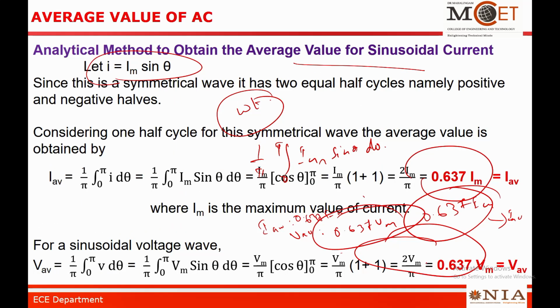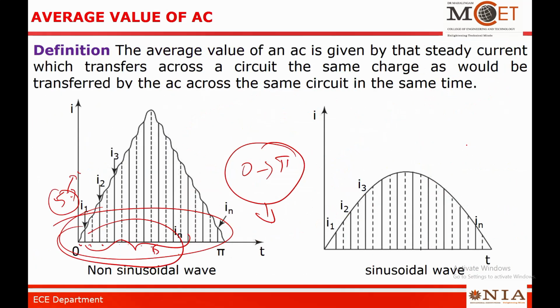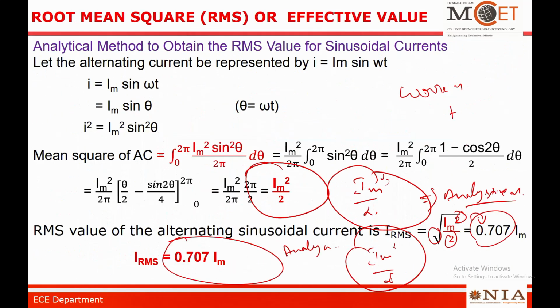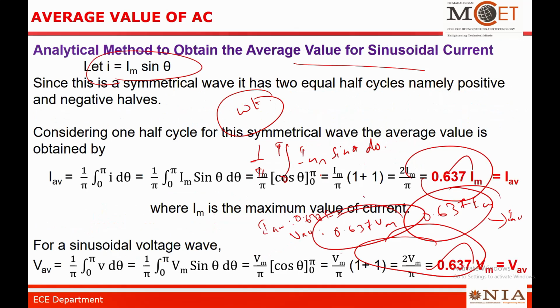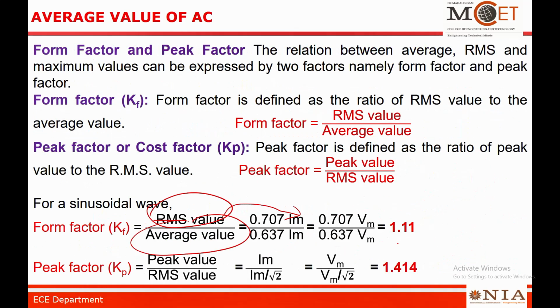These values are substituted in the final equation for the form factor and the peak factor. So the form factor gives the value 1.11, so for a sinusoidal wave Kf is equal to 1.11, whereas the peak factor gives the value 1.414.